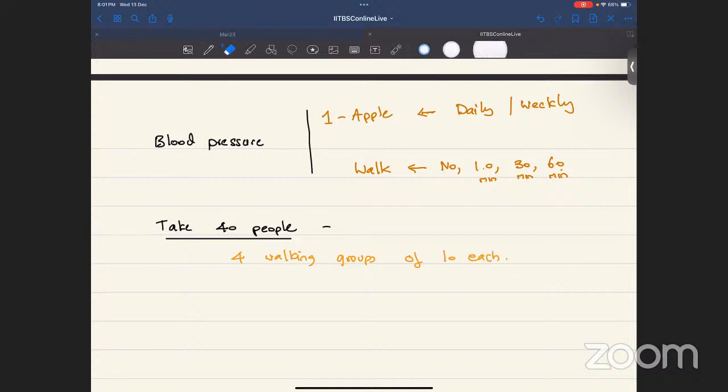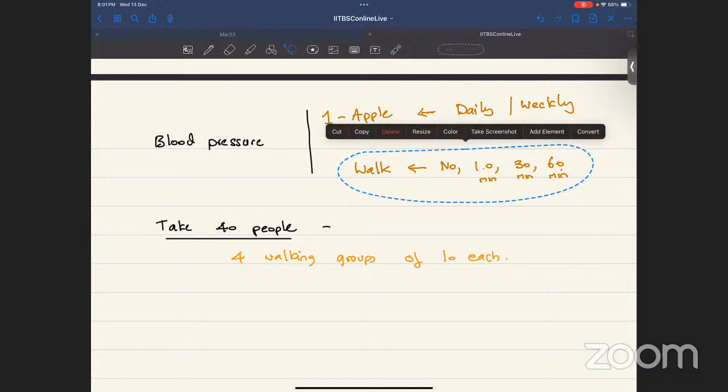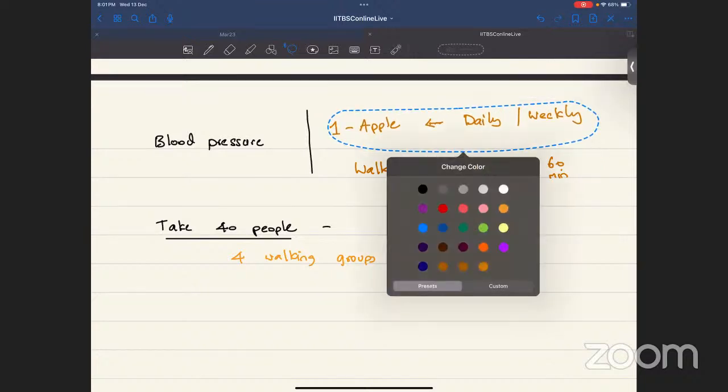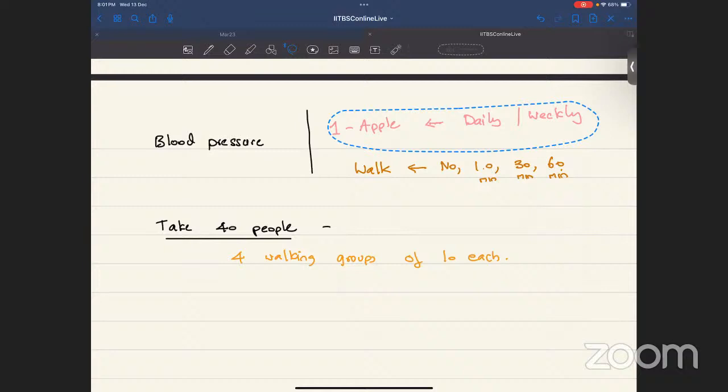And then within each walking group, I'll split them again into 5 people each.